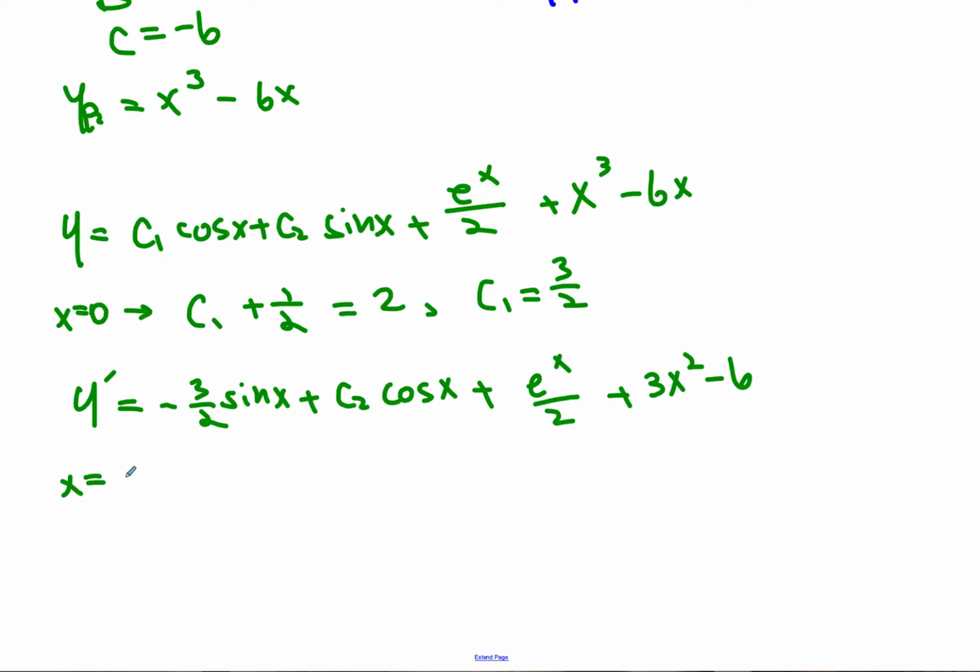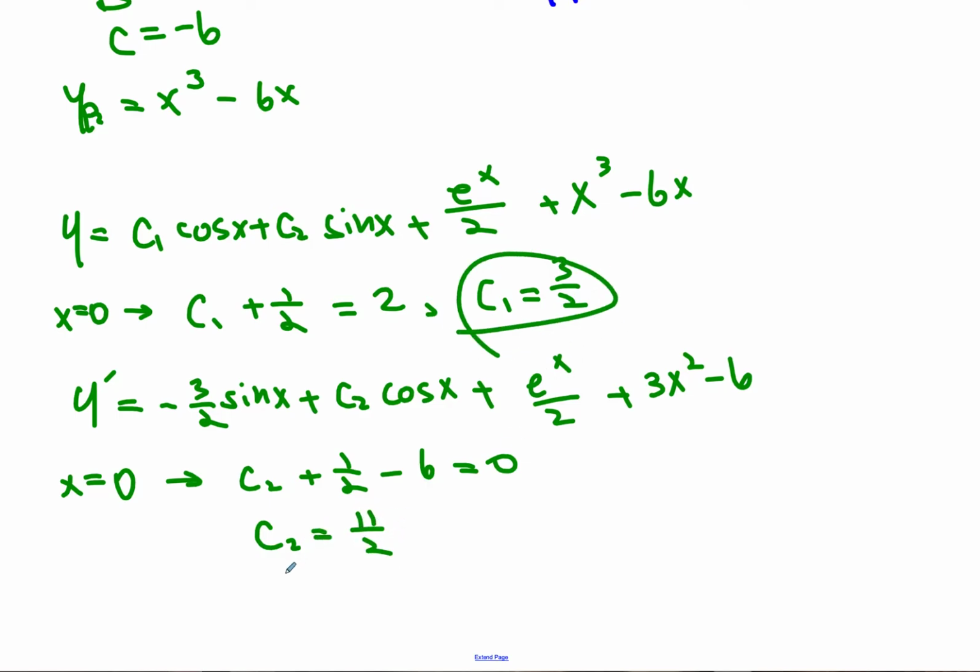So when x equals 0 now, this one becomes 0. So we have c sub 2 left. Here I get 1/2. That's 0 minus 6 has to be equal to 0 as well. Then you get to realize that c sub 2 must be 11 over 2.